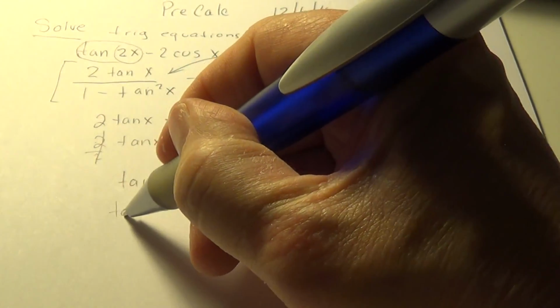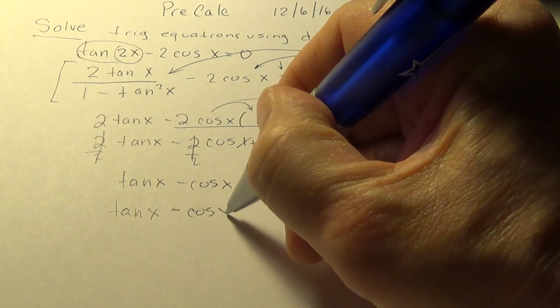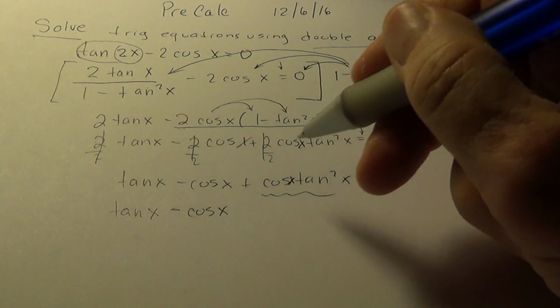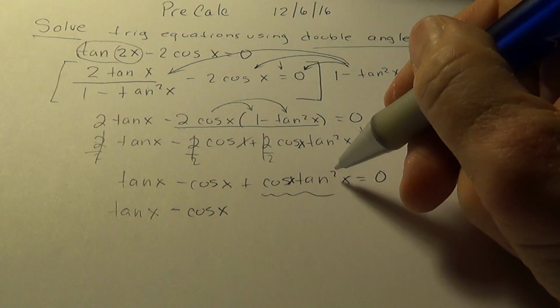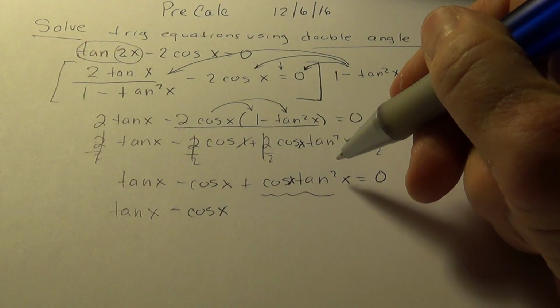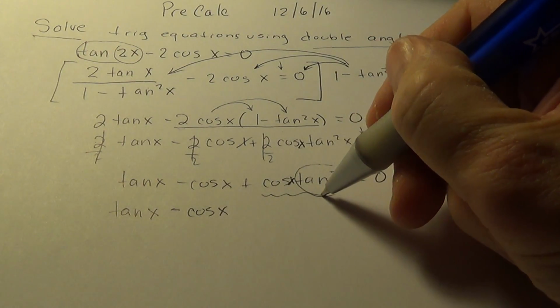There's not a whole lot we can do with tangent x, cosine x. So let's look at the term where I have a cosine x times the tangent squared x. I'm going to take this value and rewrite it in terms of sine and cosine.